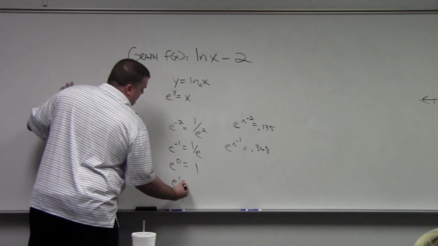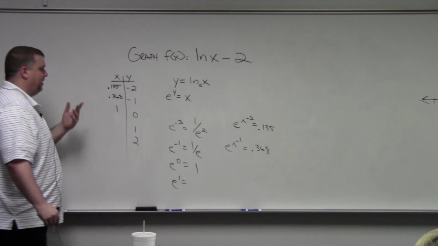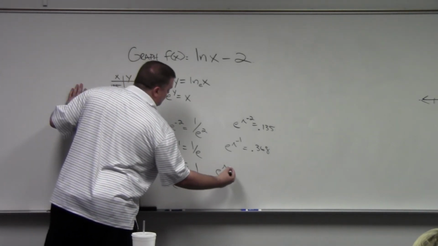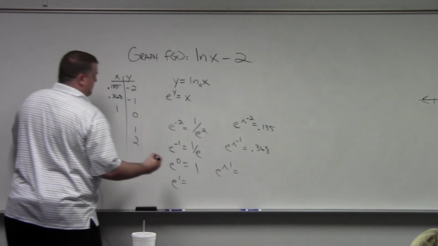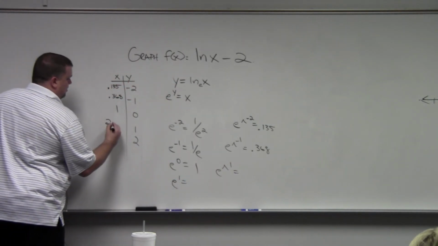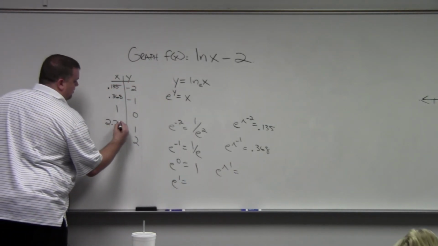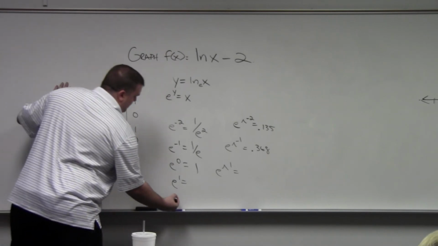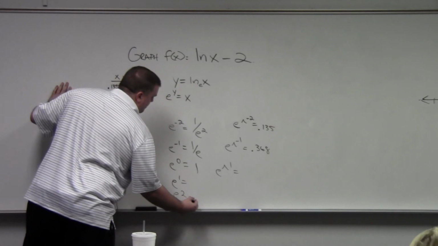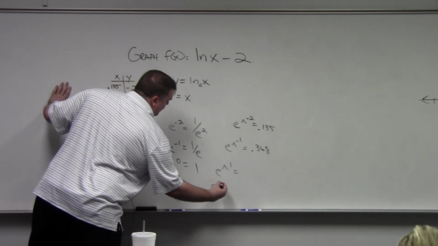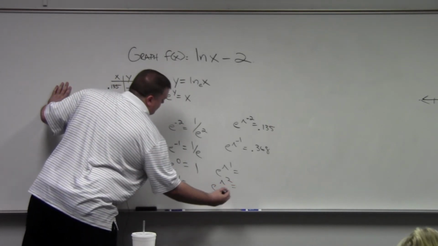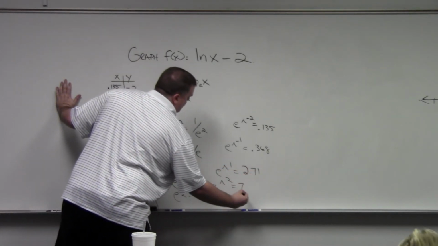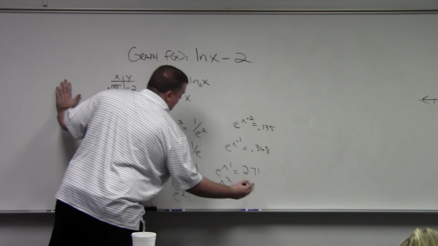E to the 1st power just means e raised to the 1st. Should be 2.7 something. 2.71. That last one, e squared. Just type that in your calculator, e to the 2nd power. 7.39.